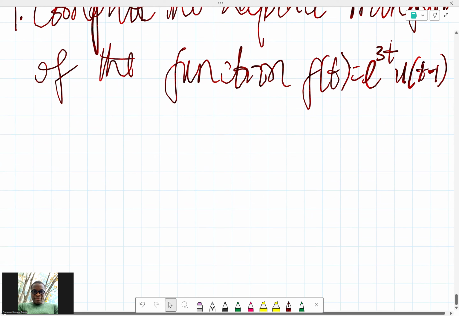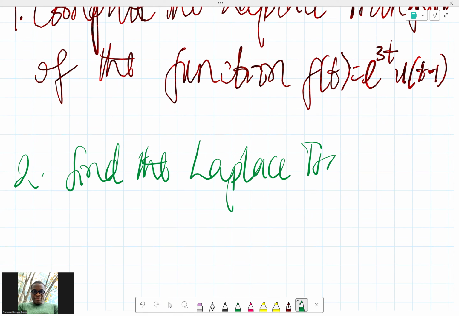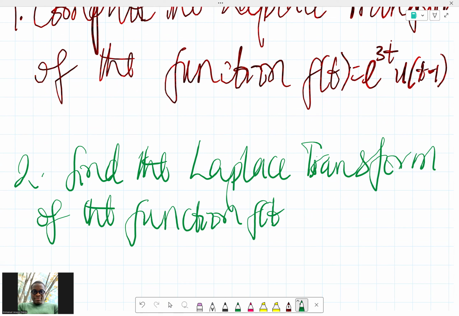Number 2, find the Laplace transform of the function f of t equals (t plus 3) u(t plus 3).